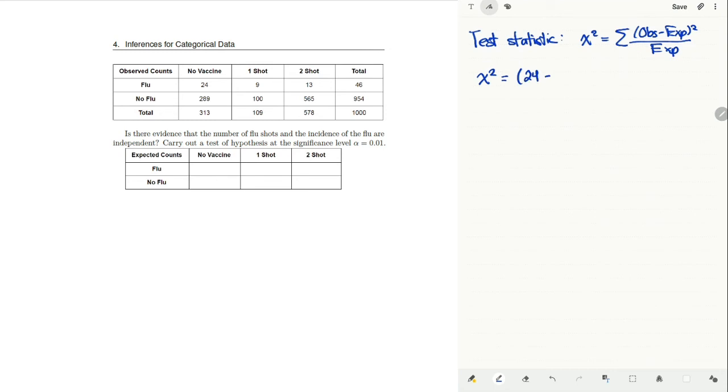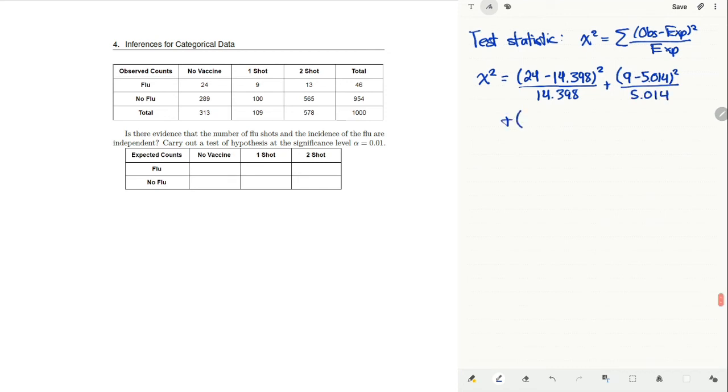We expect 14.398. So we divide this by 14.398. Then we add this to the one shot and the flu group. So we have 9 observed. We expect 5.014.